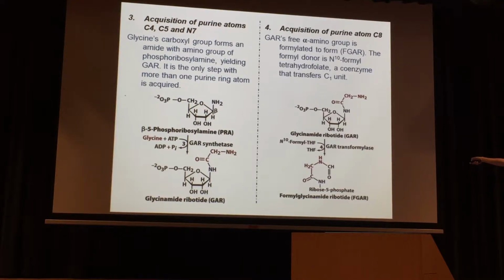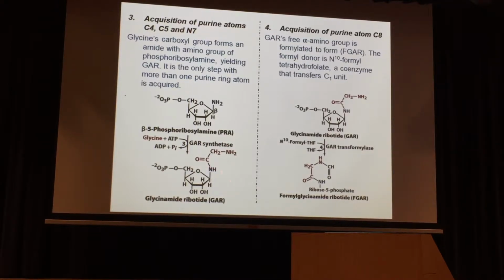So NH2 plus the COOH of the glycine, you form an amide bond. From now onwards, most of the enzymes are called synthetase, named after the product, which is glycinamide ribotide, spelled R-I-B-O-T-I-D-E. It's called GAR in short, and the enzyme is called GAR synthetase.